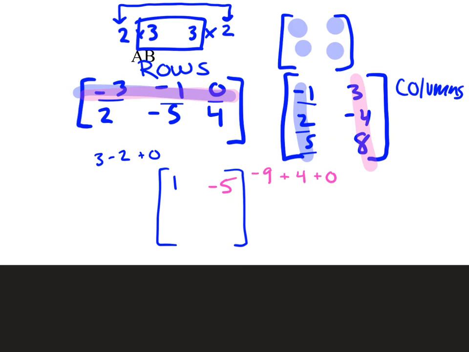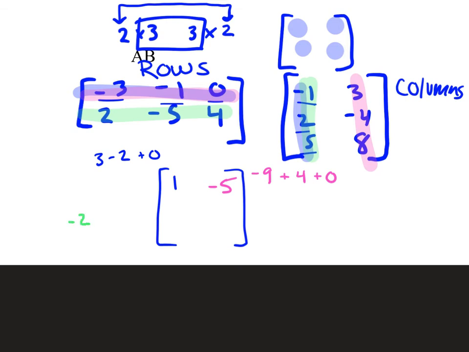All right, where do I go next? Second row, first column. What do I multiply together first? 2 times -1, so that would be -2.